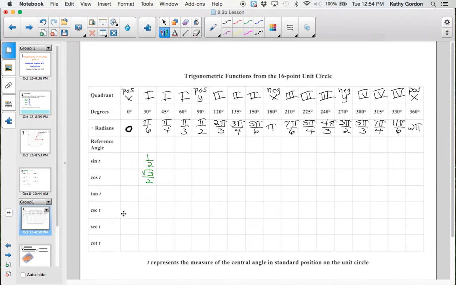Tangent of 30? √3/3. Cosecant of 30? 2. The secant of 30? And the cotangent of 30?